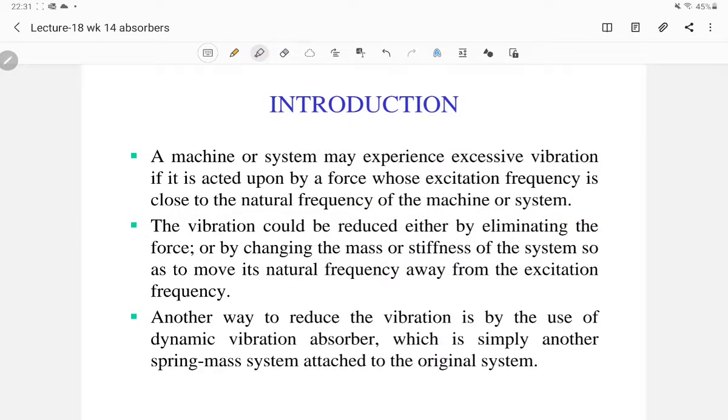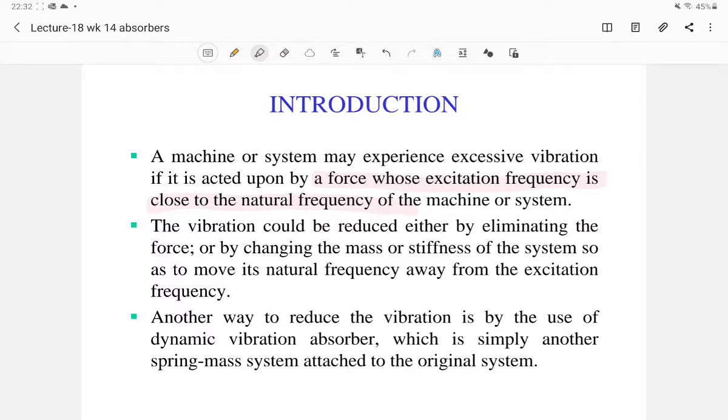In a lot of applications, we have seen that excessive vibration happens when there is a force whose excitation frequency is close to the natural frequency. So it actually creates a phenomenon called resonance.